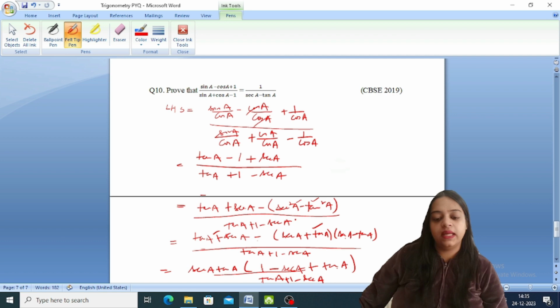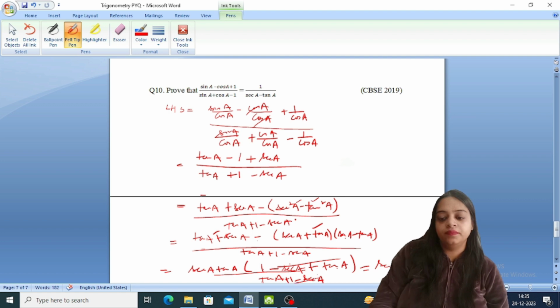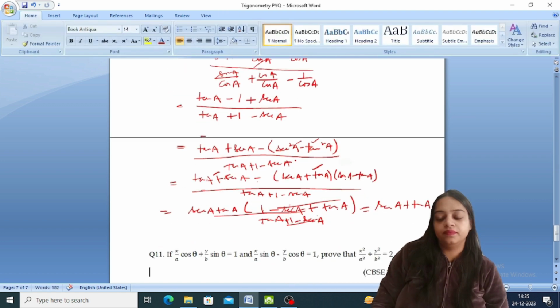Tan A, this is plus 1, this is also plus 1, this is minus secant A, this is minus secant A. It cancels out, and this is what? Secant A plus tan A. Moving to the next question now, question number 11.